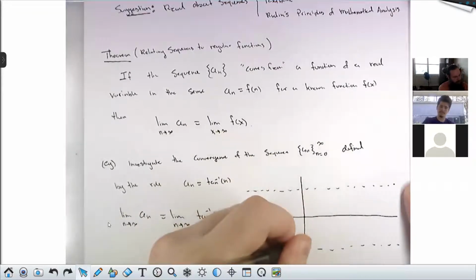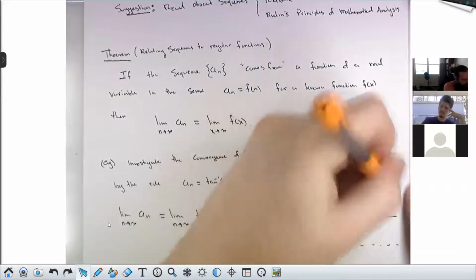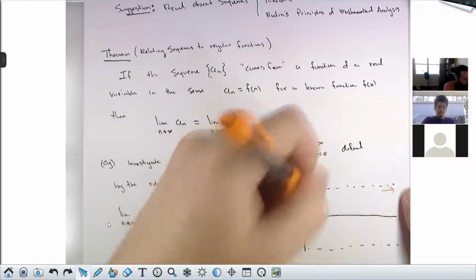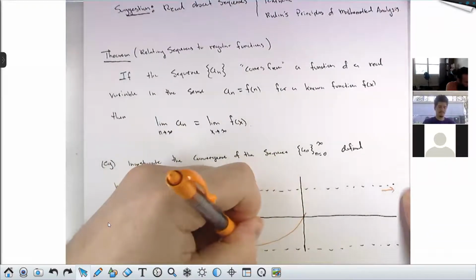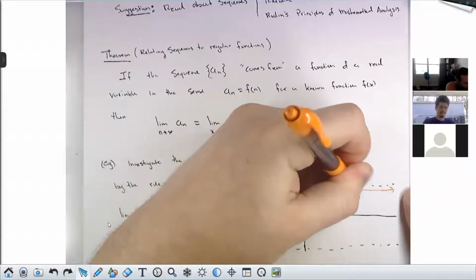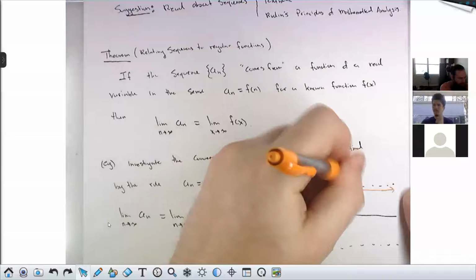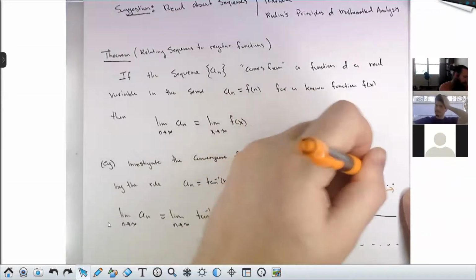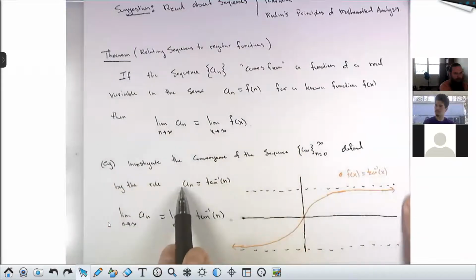But if I relate the sequence to the function inverse tangent of x, and I know that arctan of x looks like this, then my sequence is necessarily trapped along the graph of this function.